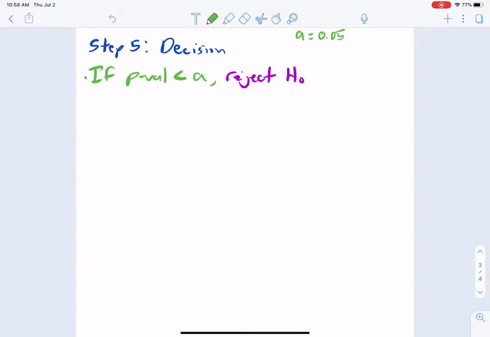If the p-value is greater than alpha, we fail to reject H naught, our null hypothesis. Okay, very cool.